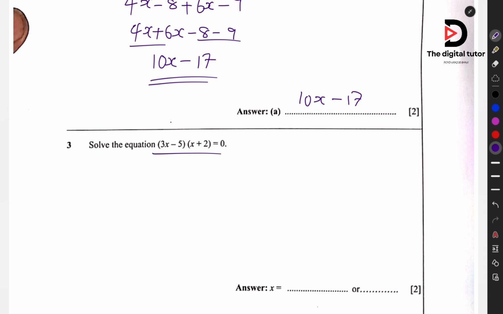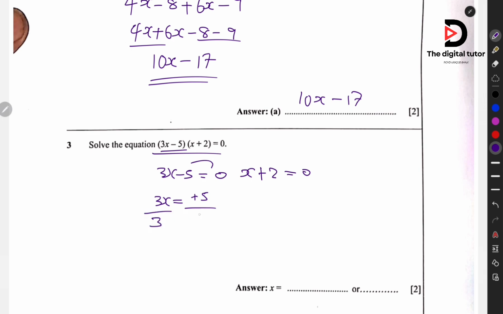So how do we answer this one? We are going to say 3x minus 5 is equal to 0. We just equate this part to 0, and also x plus 2 equal to 0. So 3x equals plus 5, because when it crosses the equal sign, 5 becomes positive.